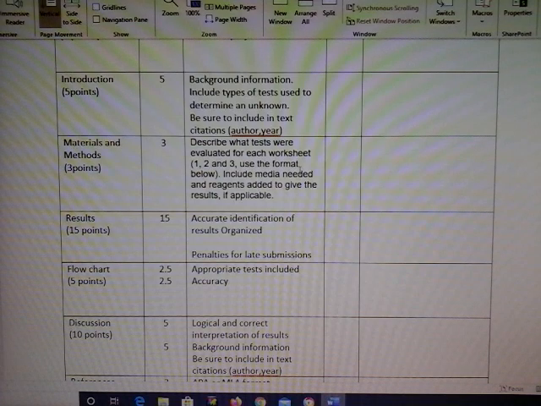My recommendation is when you guys start your report, do a little bit each week. Please don't wait until the 29th to put this together, because if you wait too long, you're going to have a hard time getting everything done. For results, I will show you the template that I've created for you guys.